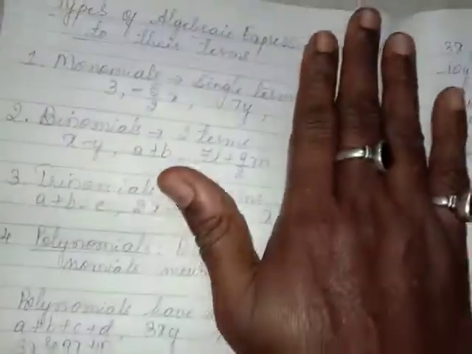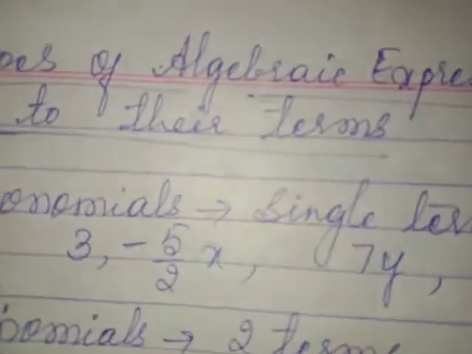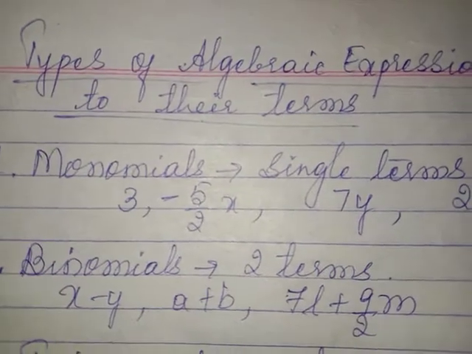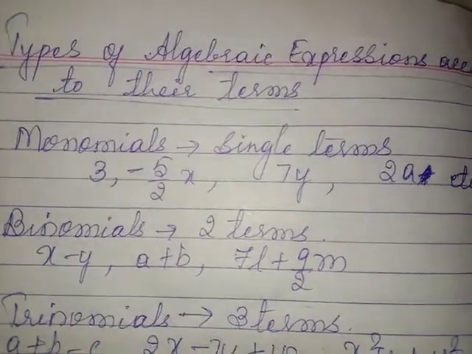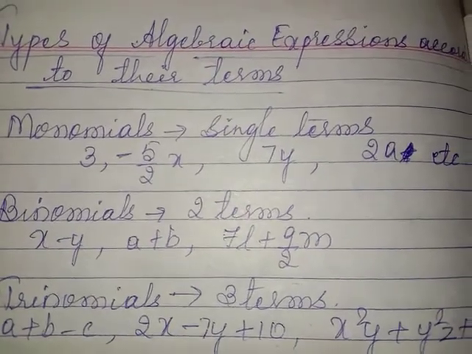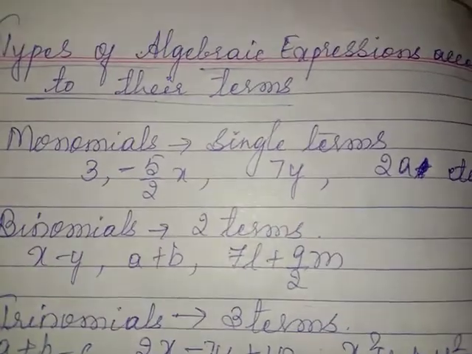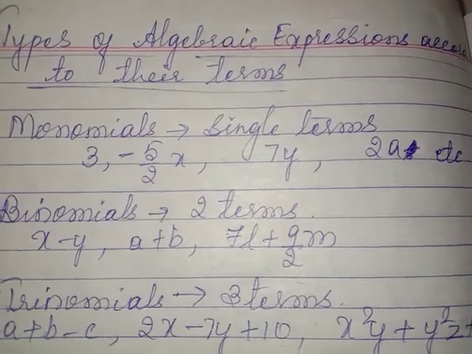Types of algebraic expressions. Here we are dividing the types of algebraic expressions according to their terms. Seeing the terms, we are dividing algebraic expressions. According to their terms, how many types do we have?